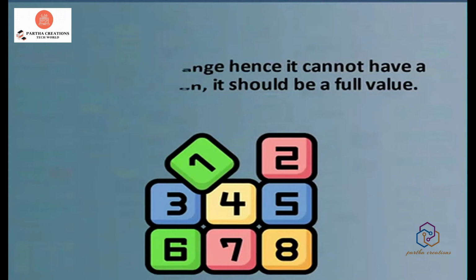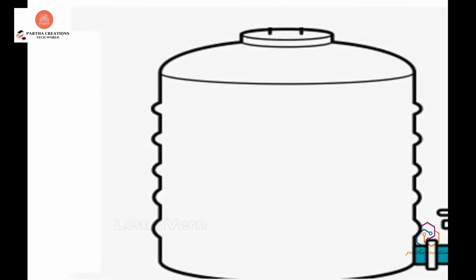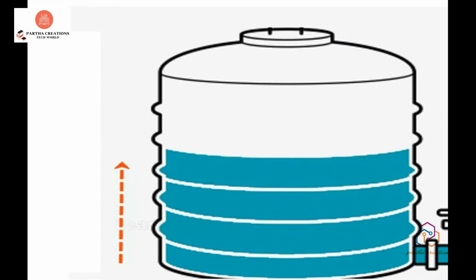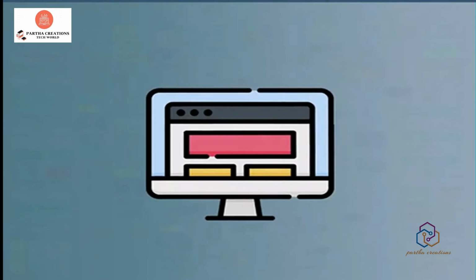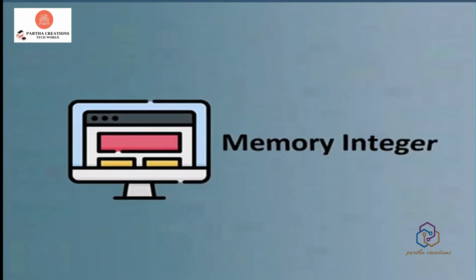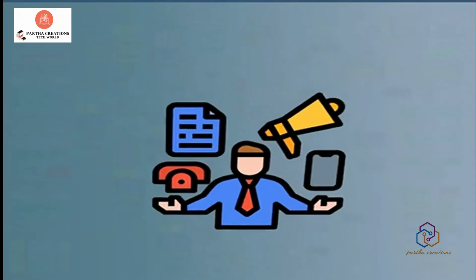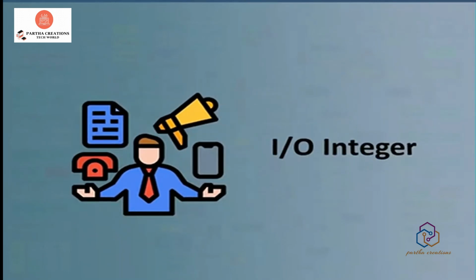It should be a full value. For instance, let's take an example of a tank. The tank, if it is filled, will have 0 to 100 as a range. It cannot have a 0 or 1 condition. So, in such cases, what tag will be defined? The integer one. If we are making it within the application, then memory integer, and if for communication, then IO integer.